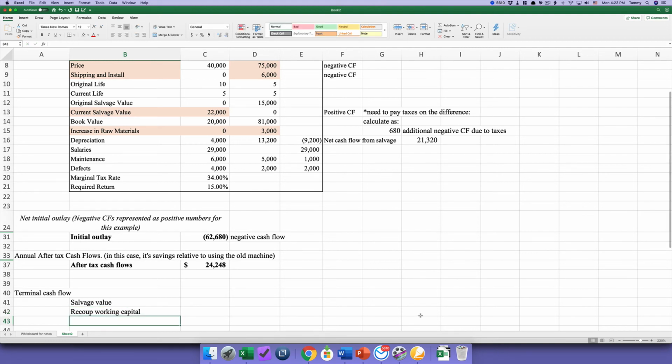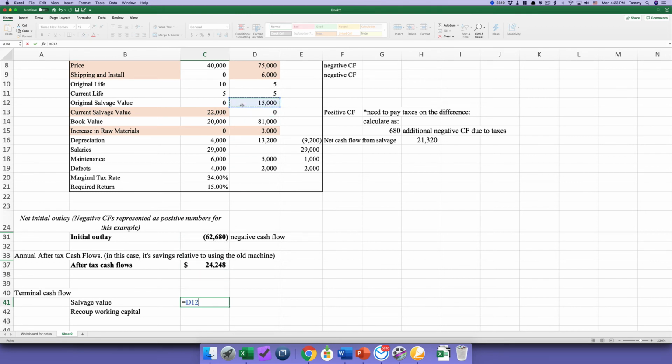Now, why aren't these taken as after tax? Because these are not operating revenues, right? This does not go on the income statement. It goes on the balance sheet. Basically, it's getting the value of a piece of equipment that we have. So this isn't an income statement thing, so we don't pay taxes on it.